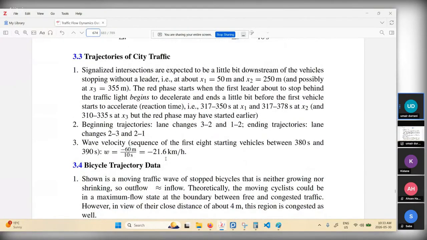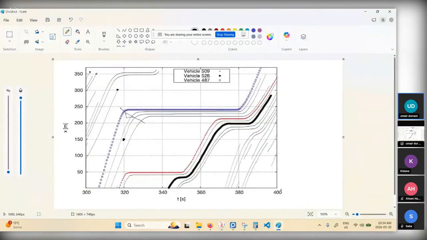So here they say wave velocity is minus 60 meters divided by 10 seconds. In the brackets, they have the sequence of the first 8 starting vehicles between 380 seconds and 390 seconds. The 380 seconds is here, and 390 is in the middle. So between these two time points, they're looking at the first 8 entering vehicles.